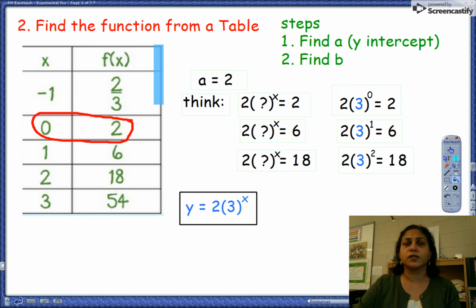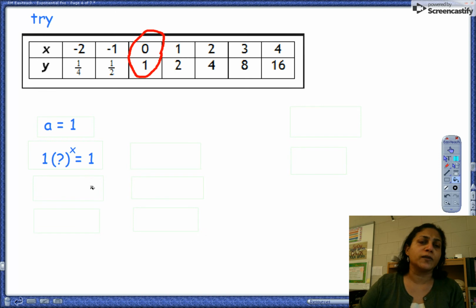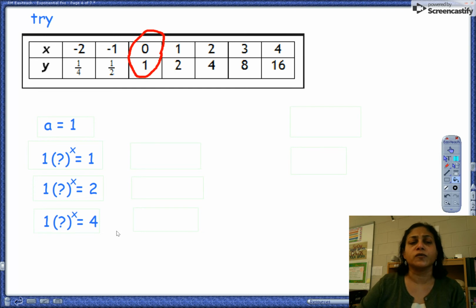Here's another one. Let's try. Here you want to identify the y-intercept, which turns out to be (0, 1). Once you know that, then you know that a is equal to 1, and 1 times what will give you 1, 1 times what will give you 2, and 1 times what will give you 4.